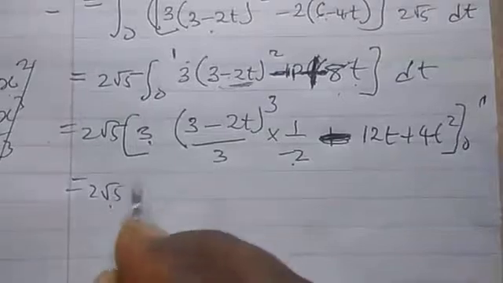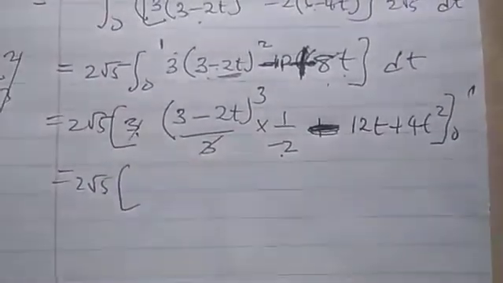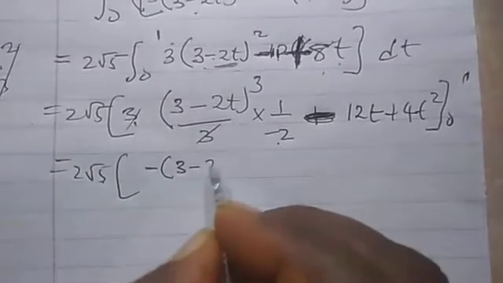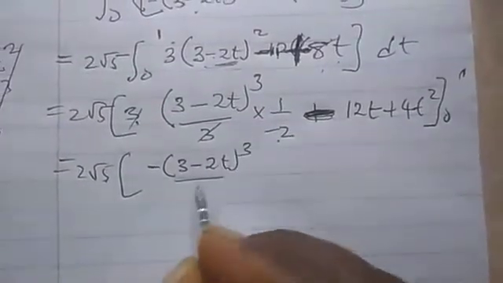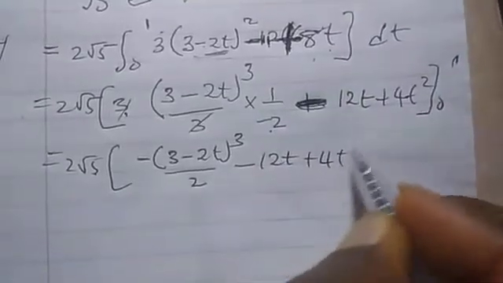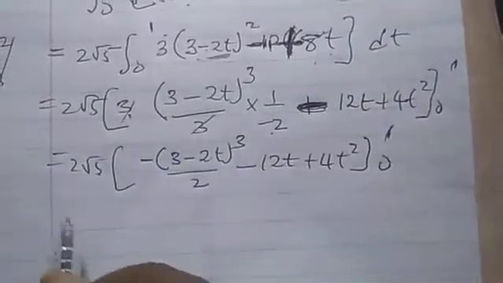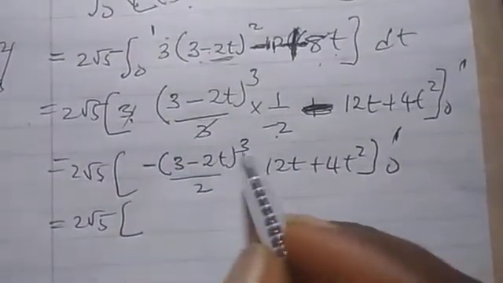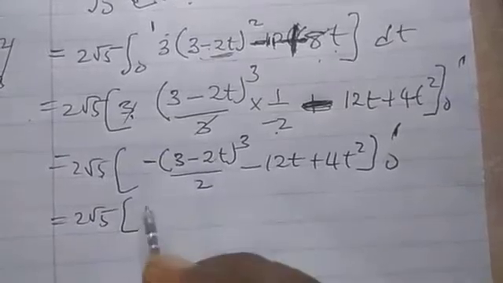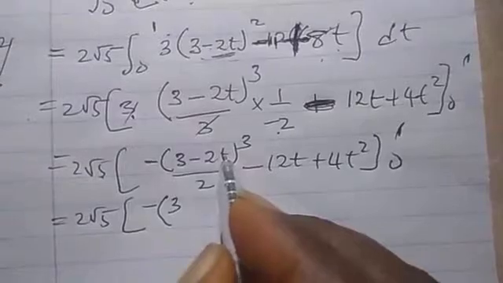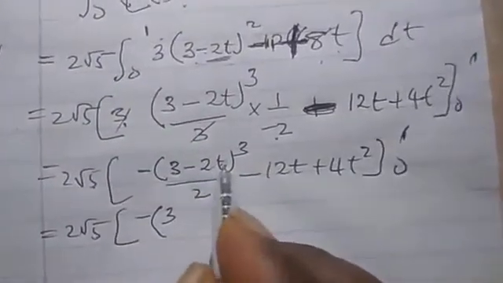0 to 1. Let's simplify further. This cancels this. All we have left should be minus into 3 minus 2t cubed over 2 minus 12t plus 4t squared. 0 to 1. So we substitute t to be 1 anywhere we see our t. If I put t to be 1, you see that we are going to have 3 minus 2 because t is 1.